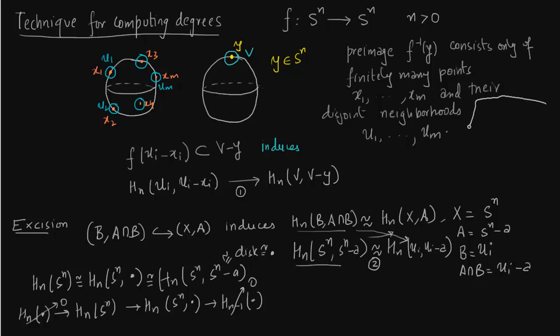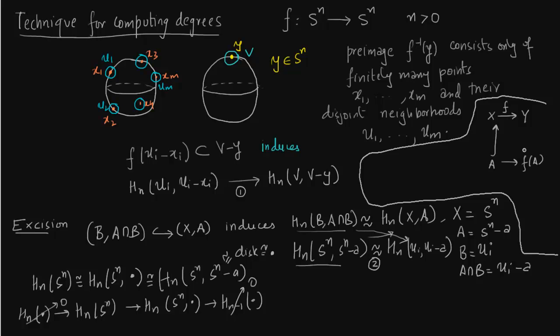Now this is an important point which I think I should have mentioned as a recap before. You have a map from space X to space Y taken by a map f, and A is going into X. I want to tell you the page number in Hatcher where you can find this. You can find this on page 118.